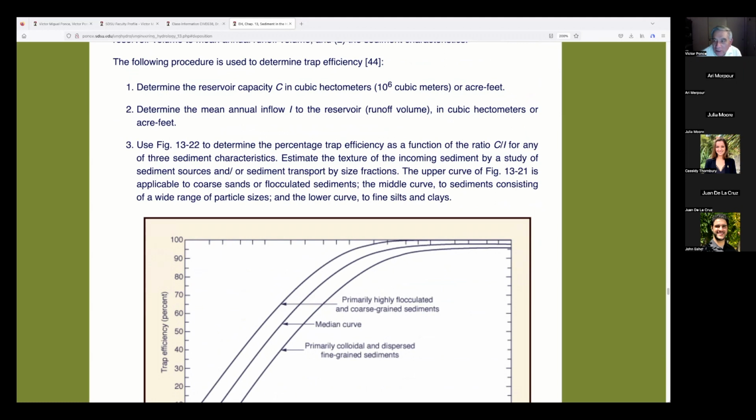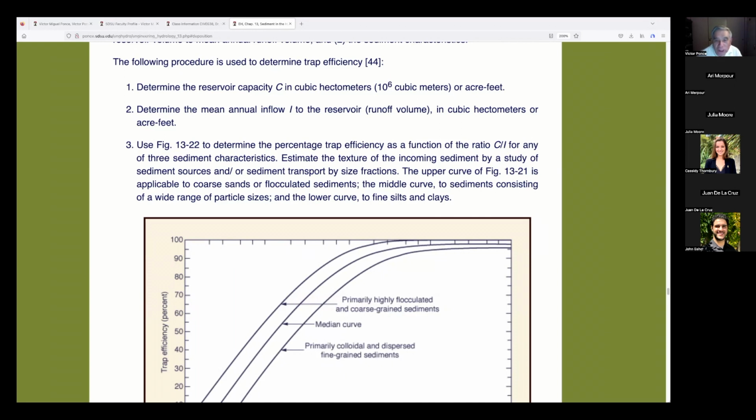In the metric SI system, hecto is 100 times, because deca is 10, hecto is 100, to the cube power, because volume gives you 10 to the 6.